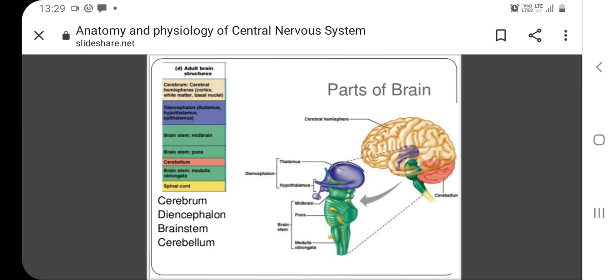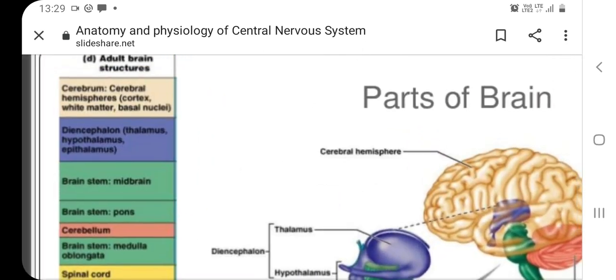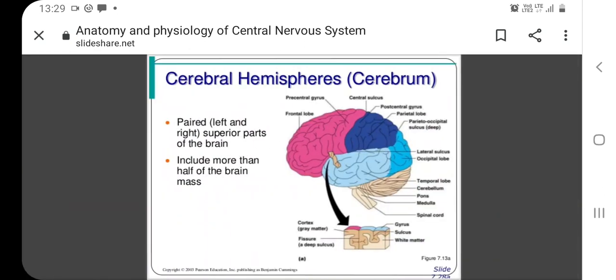The largest part of the brain is said to be the cerebrum, and it is again divided into several regions. The cerebrum has two cerebral hemispheres, the right hemisphere and the left hemisphere, and it is the major or superior part of the brain.